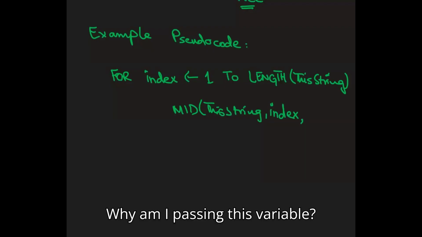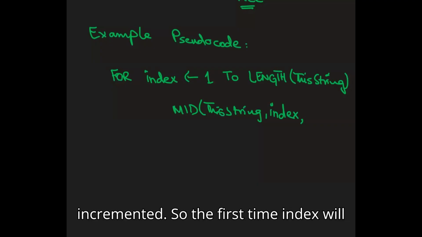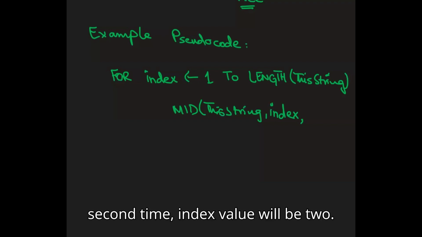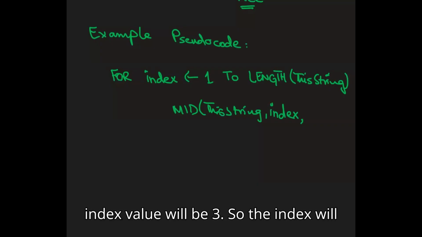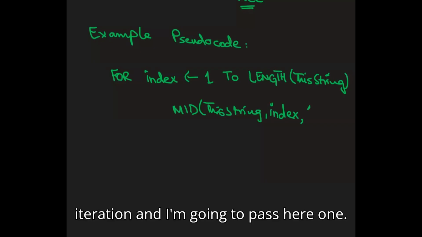Why am I passing this variable? Because index is going to be incremented every single time the loop runs. So the first time index will be 1, then when the loop runs the second time, index will be 2, the third time, index will be 3. So the index will keep on changing after every single iteration.